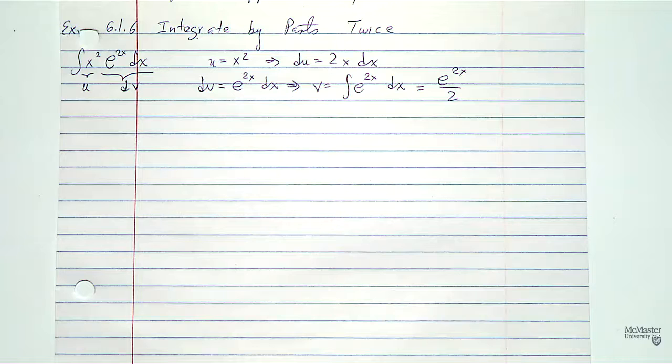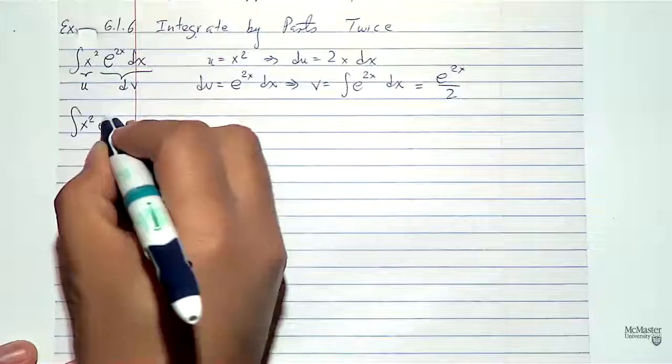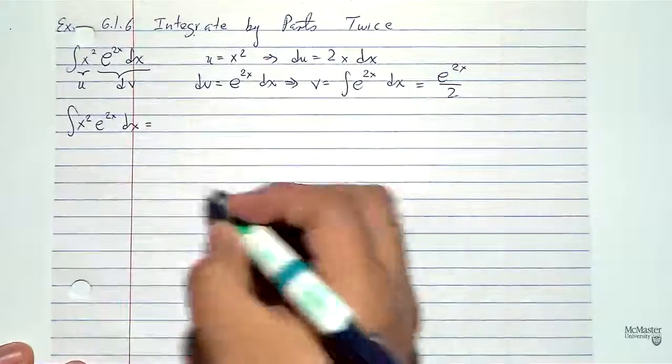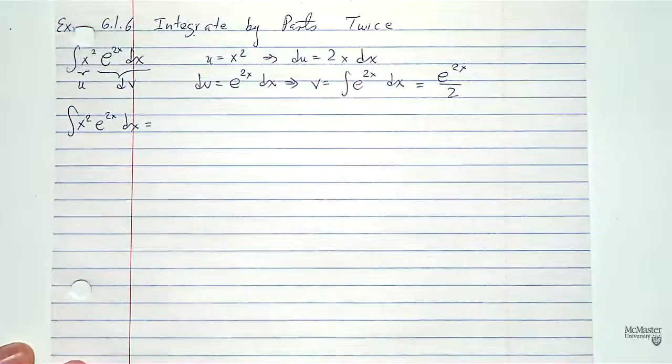Second, I verify. I have v. If I compute dv, you have a factor of 2 which cancels, so everything is nice, and then I have the dx. So you're done. If you have the integral of x squared e to the 2x dx, again you have u times v minus the integral of v du. We saw this yesterday.